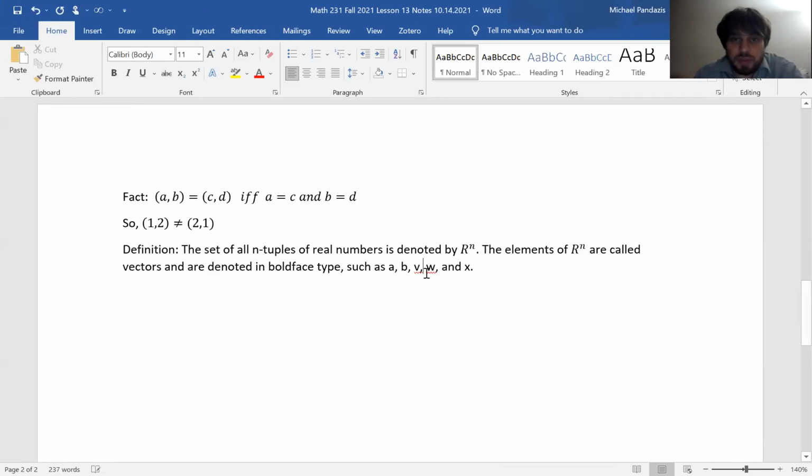I'm going to add the bold. Okay, so these are representing vectors in Rn, and they're denoted using boldface to differentiate them from things that are not vectors, that are not in boldface.